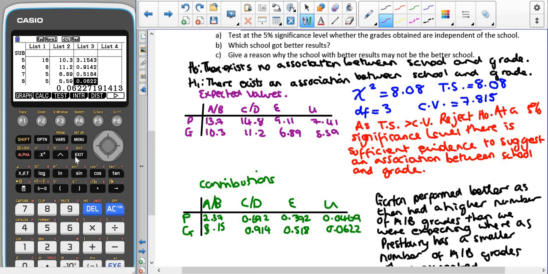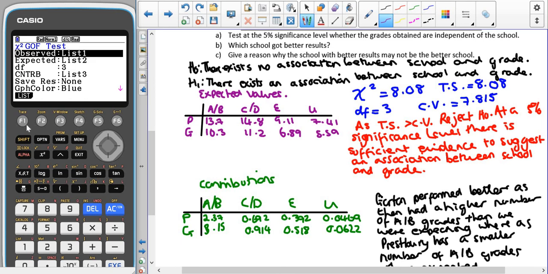Remember that we do this by typing in our observed values into list 1, our expected values into list 2, and then going into test, chi, and then goodness of fit, making sure that it tells us our degrees of freedom is 3. And you can see there that this time our chi-squared is slightly different, which is why I was just saying that your contributions might have been a little bit different to that.